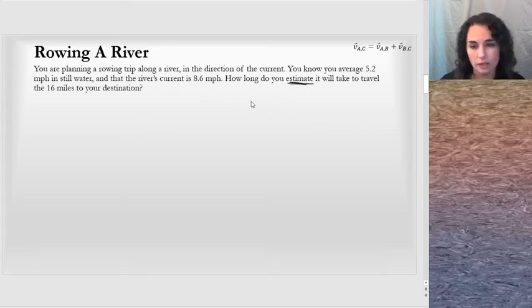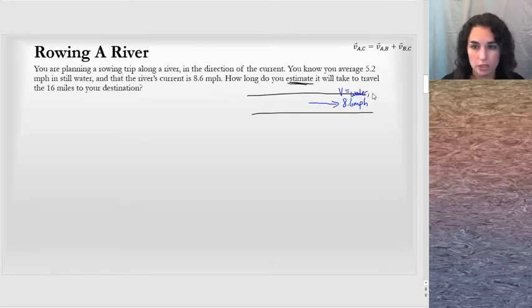So I'm going to get a quick picture going here. There's a river. So I might draw, here's a river, and the direction of the current is in this direction, and I'll say it's at 8.6 miles per hour. And I'm even going to identify this. This has to be the velocity of the water, right?